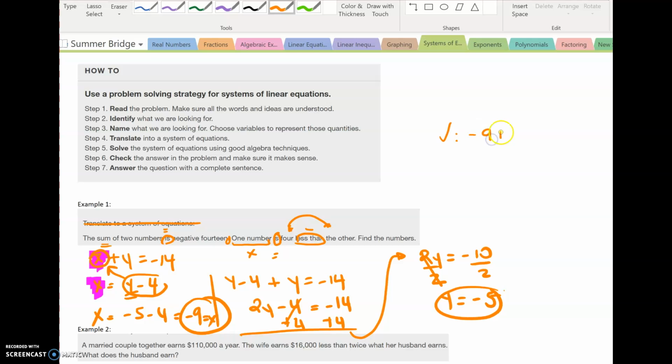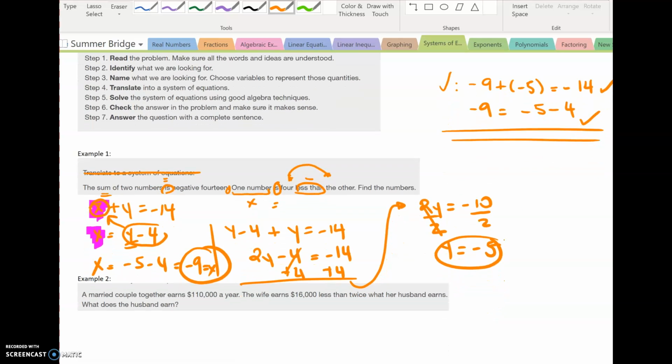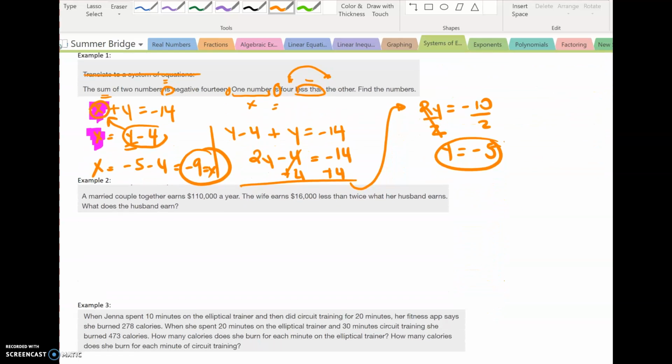So negative 9 plus a negative 5 definitely equals negative 14, so I know I did that right. And then I can say that x, which is negative 9, is equal to negative 5, which is my y variable, minus 4, and that's definitely true. So I know I did this problem correctly. Therefore, we answered the question. We know what my two numbers are, and we are good to go. There's really no other context to this problem.